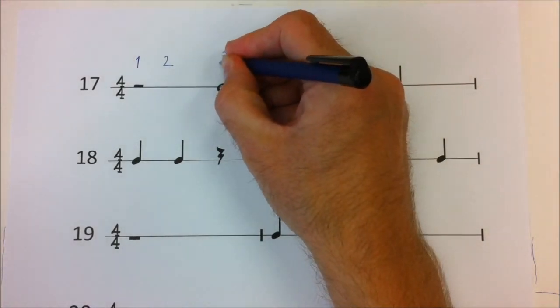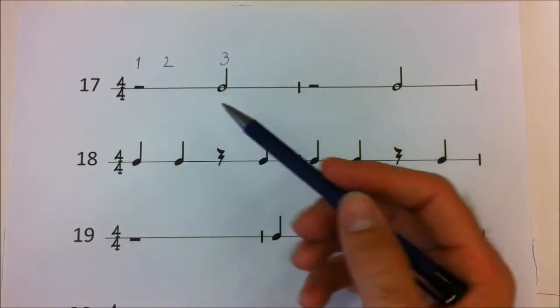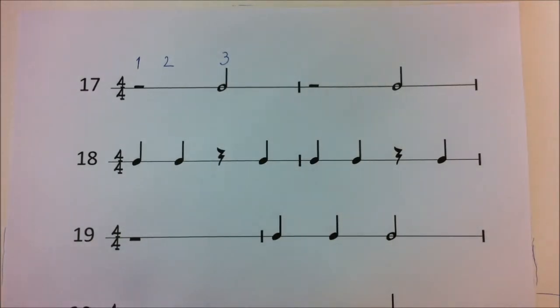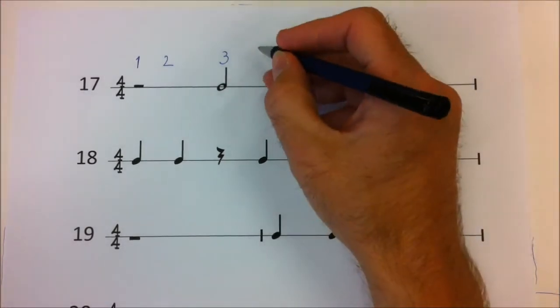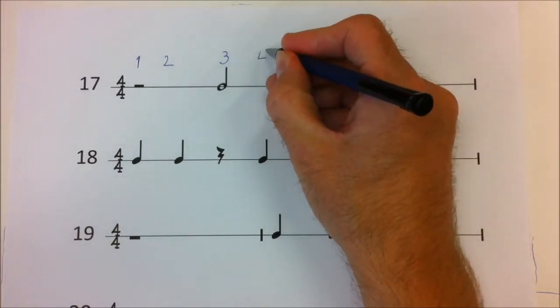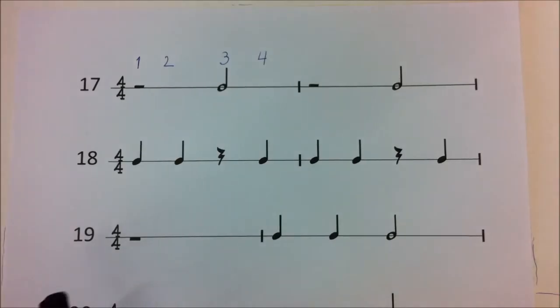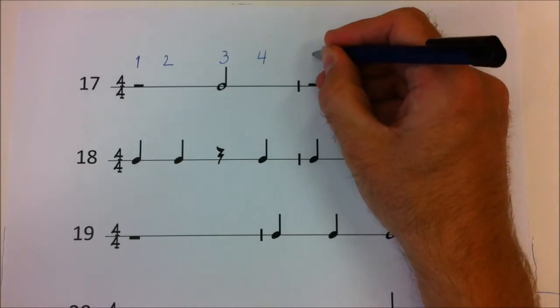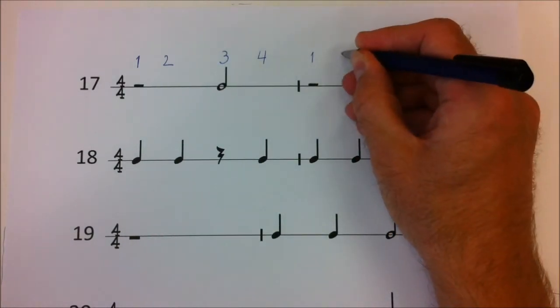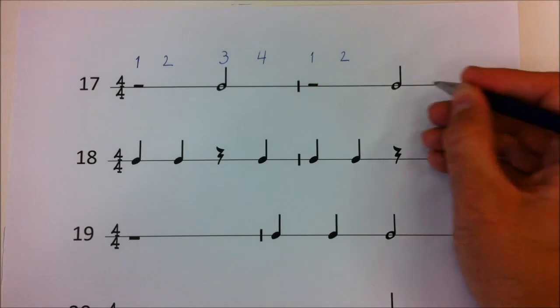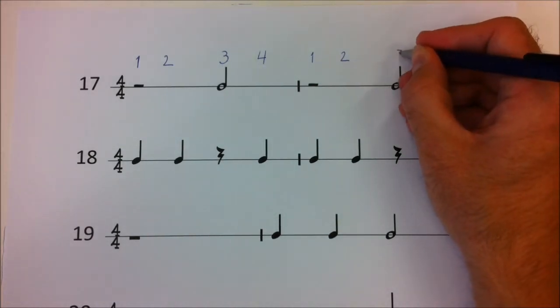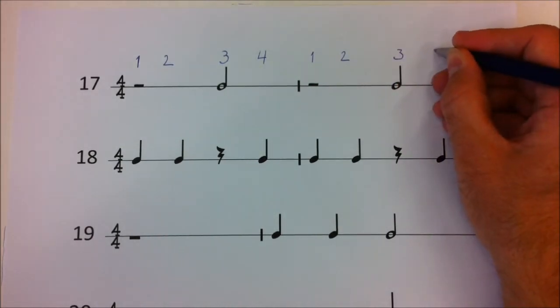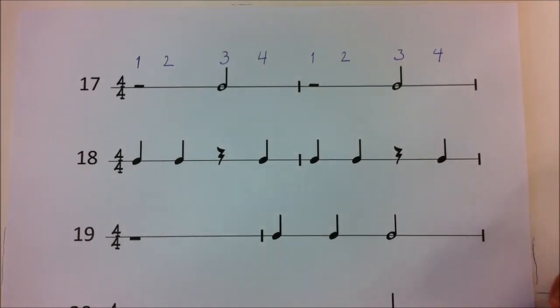So whatever it is, we can put a 3 here. And as we're familiar with this already, that is a half note, which means that it covers 2 beats. So that would be beat number 3 and 4. Next bar is identical. So this starts on beat number 1, covers the 2nd beat as well. And here's the half note, starts on beat number 3 and covers the 4th beat as well.